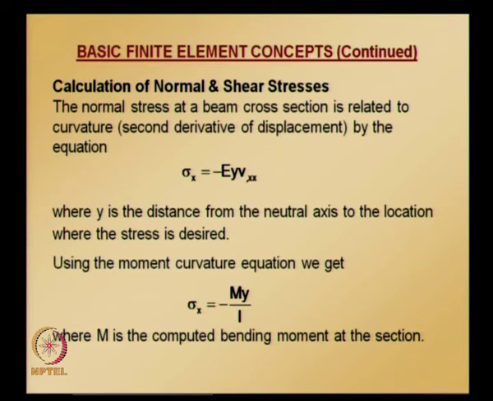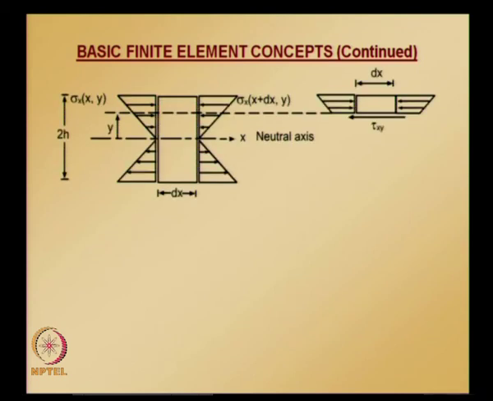So, we will be drawing a free body diagram, and this free body diagram is for a rectangular section with the depth of the beam as 2h and width of the beam as small b, and the small element dx, with various forces acting on it; normal forces are shown there.